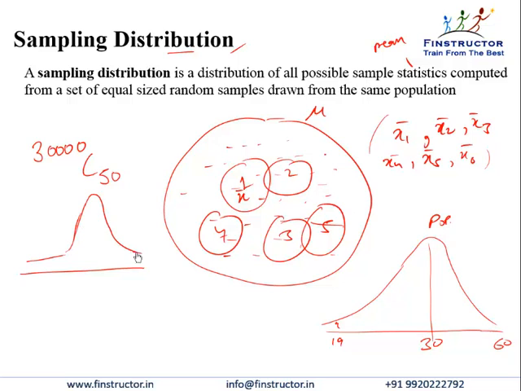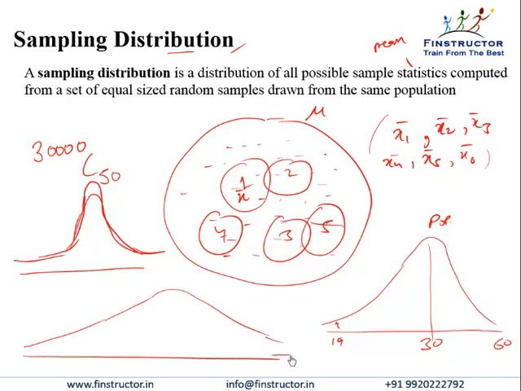That is distribution A, or will it look something like distribution B?